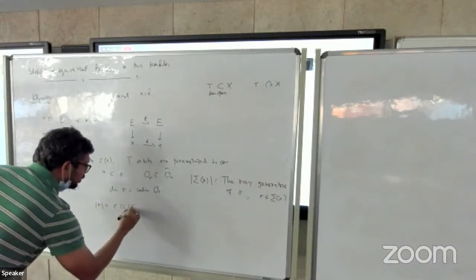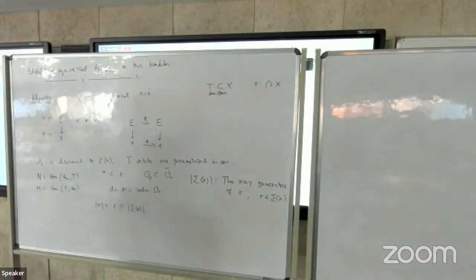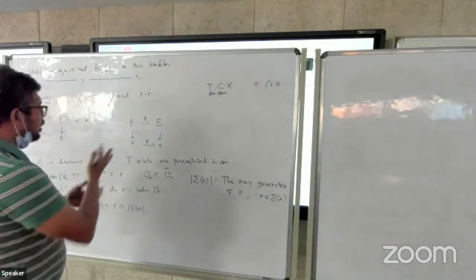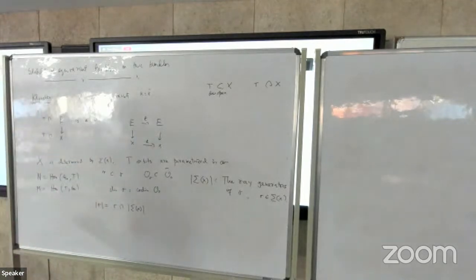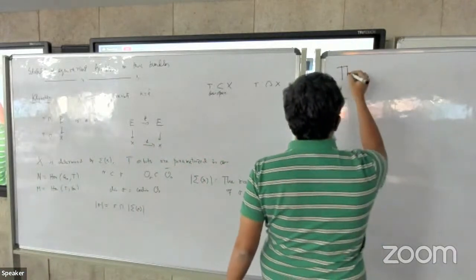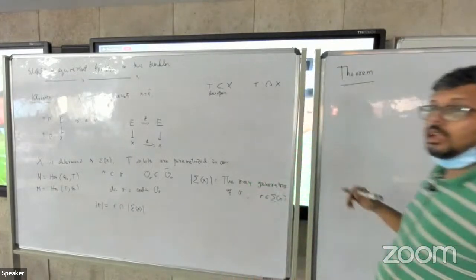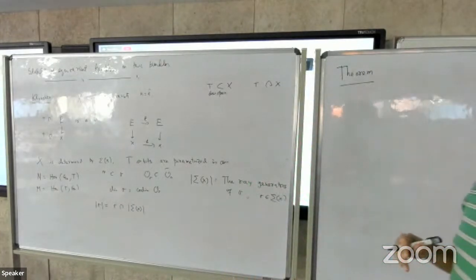So it will be interesting. Ray generators are somehow important in the classification of equivariant vector bundles. That's why I want to fix the notation. So this is a theorem of Klyachko. First let me state it for the non-singular case.